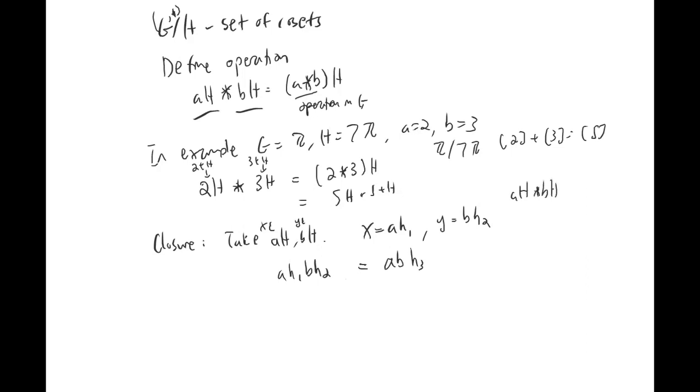If this is going to be equal to A star BH, then if I take an element in AH and an element in BH and do the operation, I have to get something in here. Is everyone clear on this? This has to happen. Agree? Or else this thing is not well defined.